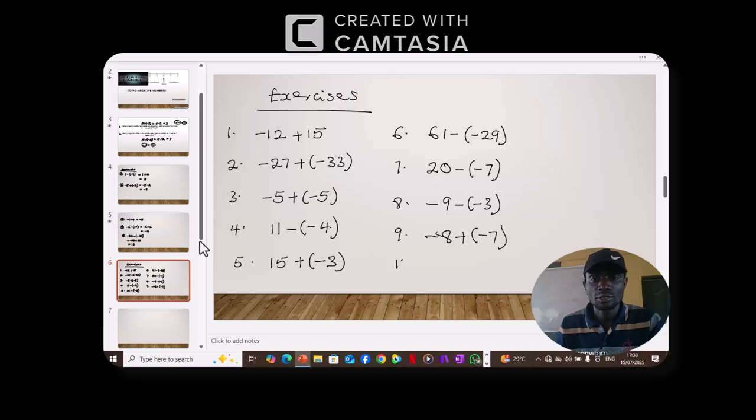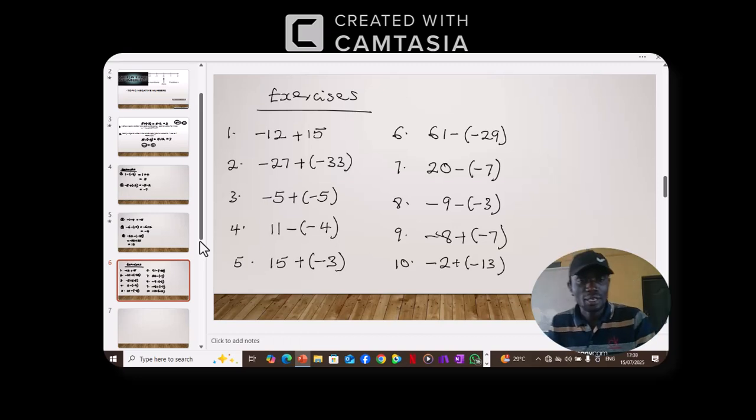So the last one, number 10, will be minus 2 plus minus 13. Okay, so solve this, work it out, and give me the answer.